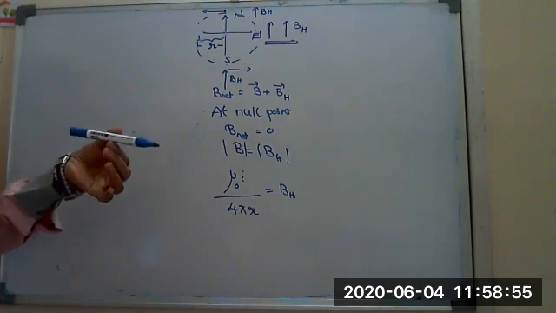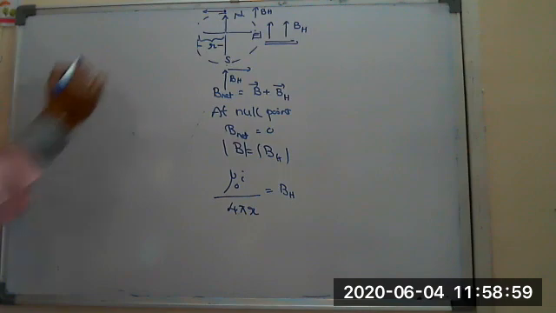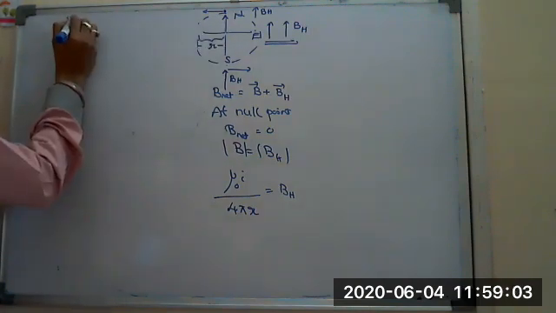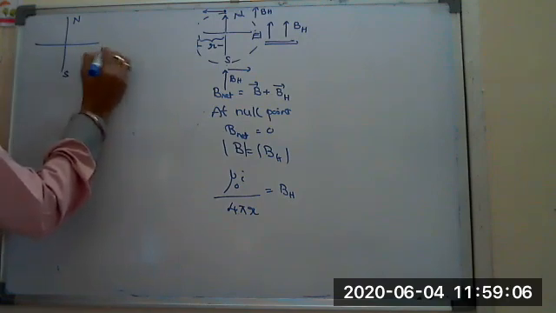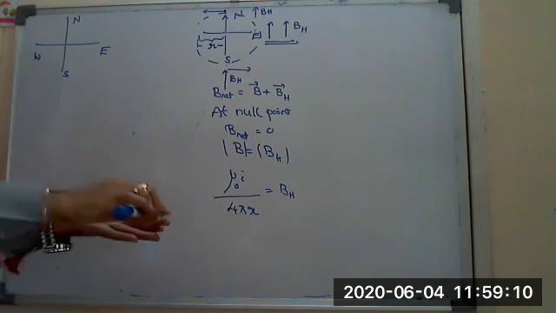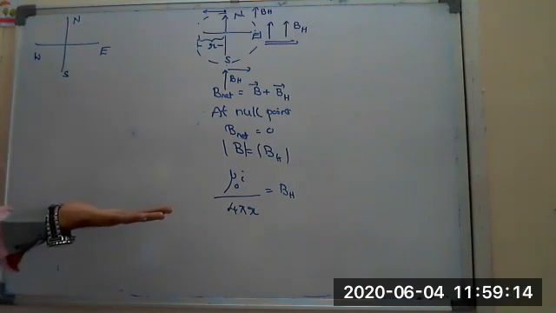Two questions are there, Nana. For that, suppose these are the directions as usual: north, south, east and west. This is east, west, and here north and south.